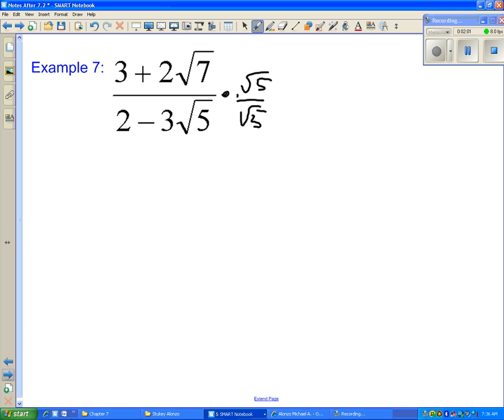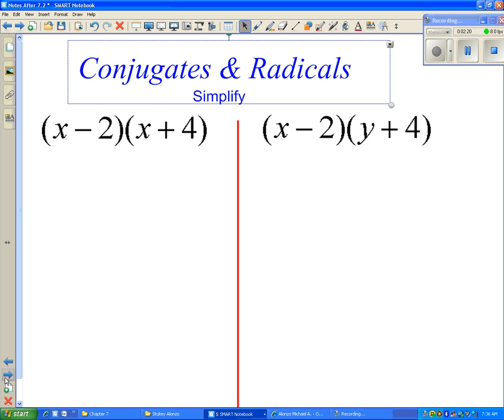The problem is when I multiply this square root 5 to this 2 over here, because I have to distribute it through, I'm going to have a square root 5. It doesn't clear it out of my denominator. So the question is, what am I going to do? I'm going to hit a series of examples to get us to that point. So let's go to example 1.